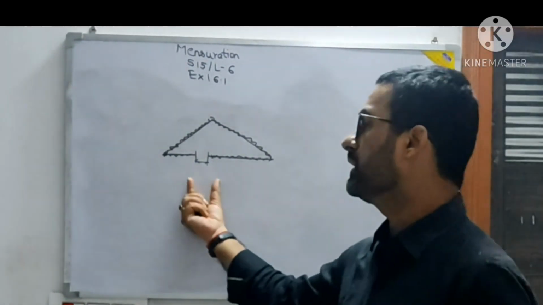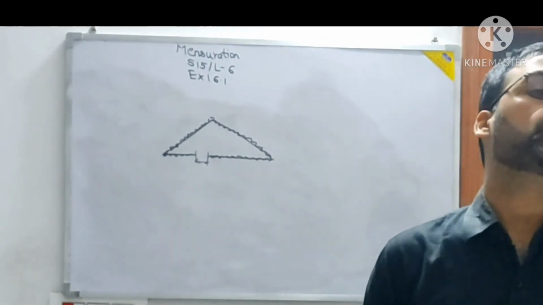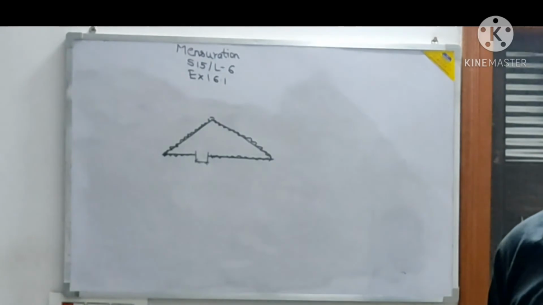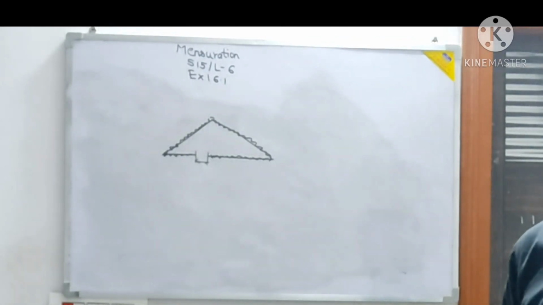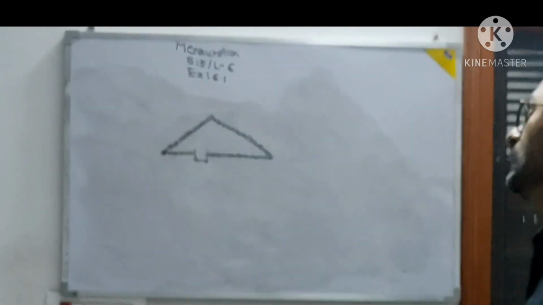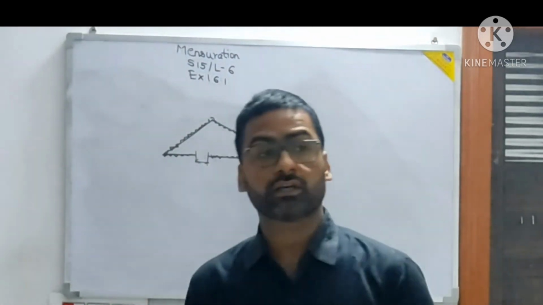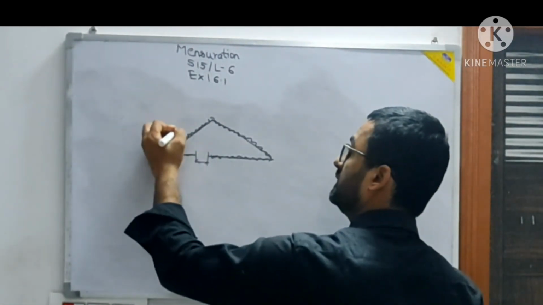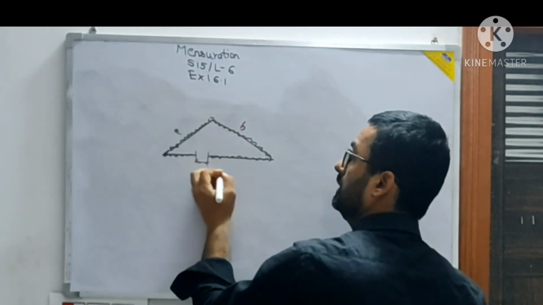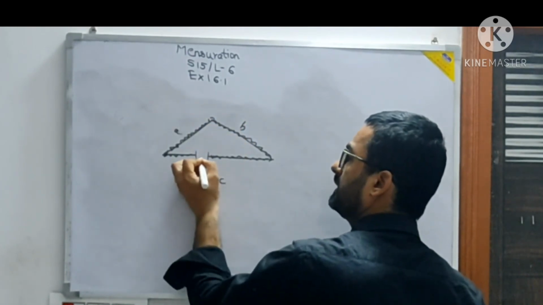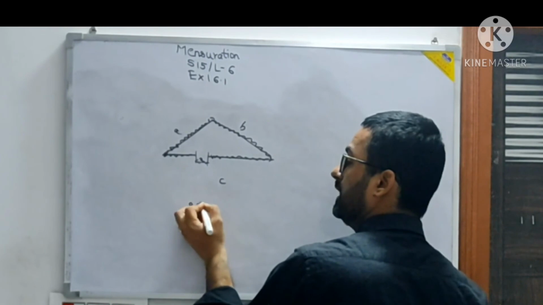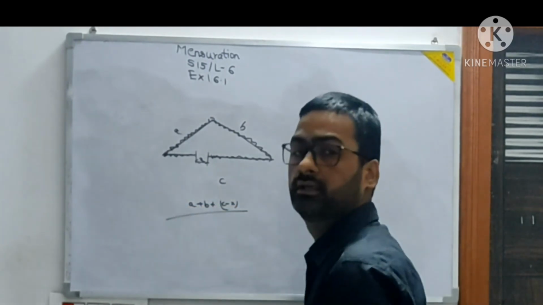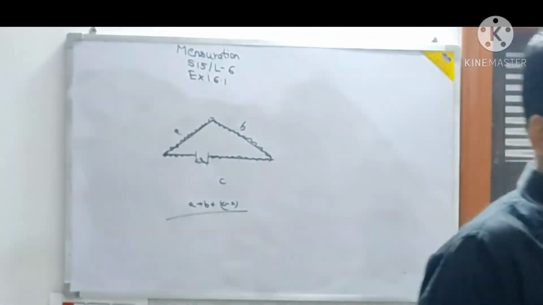So in this particular region where there should not be any wire, you do not consider the perimeter. While calculating the perimeter of the field, you will not take that. Suppose this length is A, this is B, this is C and this is X. So your perimeter will be A plus B plus C minus X.